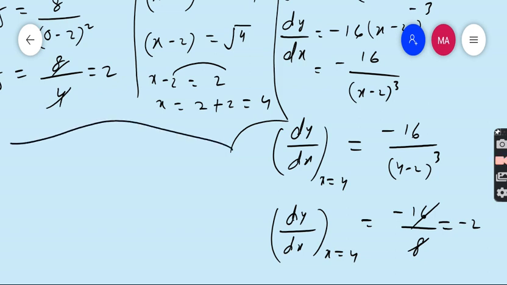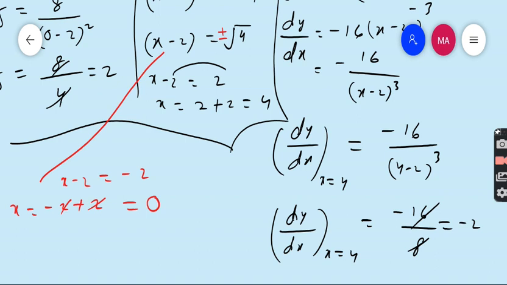But students, we have to find one more value from here, because when we take the square root on both sides, we have to put plus and minus sign. So one value is 2, the other value should be minus 2. So x minus 2 shifted over there is plus 2, and the answer is 0.